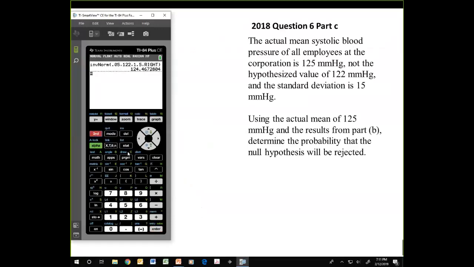Using again the distribution menu, we're going to look at the normal CDF of this curve. The lower value is going to be the value we were looking for, which is 122.467.